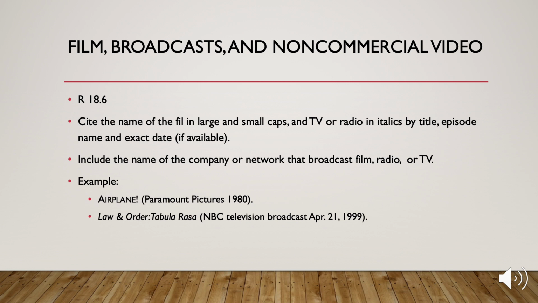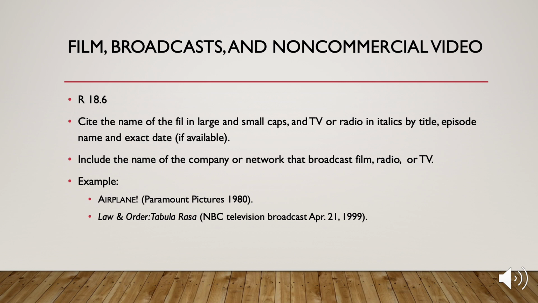Film, broadcasts, and non-commercial video. This refers to Rule 18.6 in your Blue Book. Cite the name of the film in large and small capital letters, and TV or radio in italics by title, episode name, and exact date if it's available. Include the name of the company or network that broadcast the film, radio, or television content.